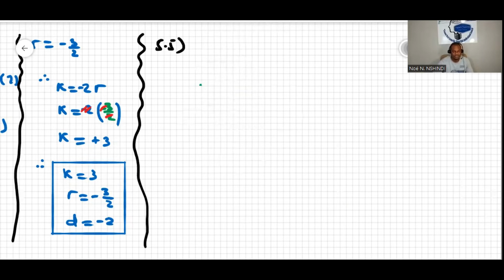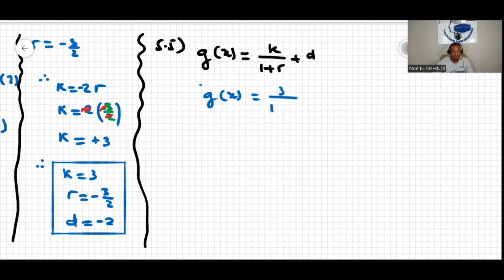Do not confuse it: g of x was equal to k over x plus r, plus d, and we did find the values of k and r and everything. So k was 3, r was -3/2, and d was -2.